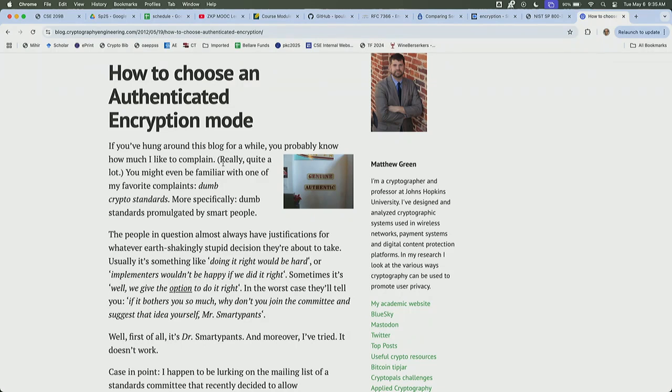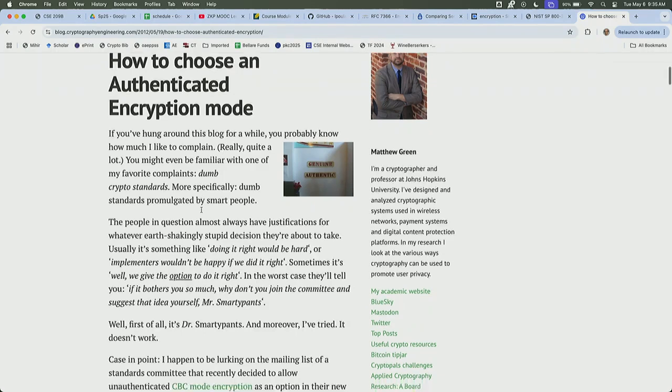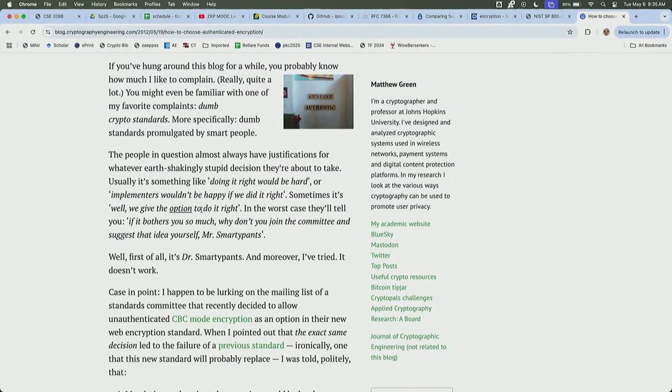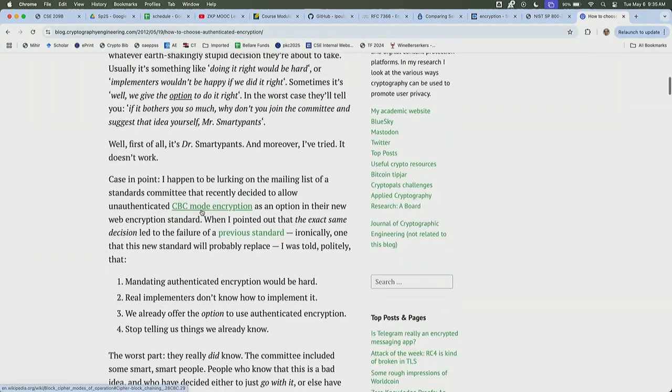He says, I like to complain, and he talks about dumb crypto standards. And how does that happen, or what's the point, is that he says people are using things like CBC mode encryption. And we studied that, and we said it was a good IND-CPA scheme, and that's fine. But the problem is it's unauthenticated, and that gives rise to lots of failures.